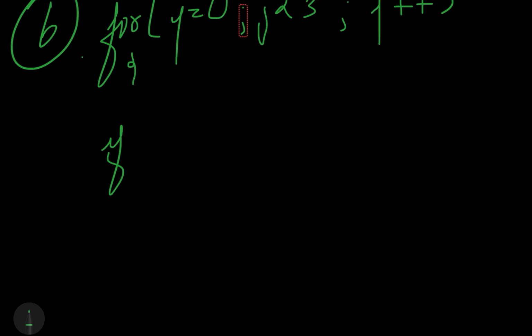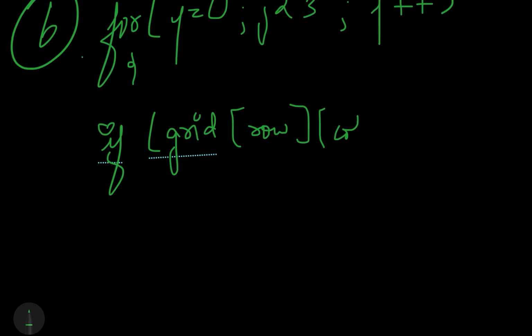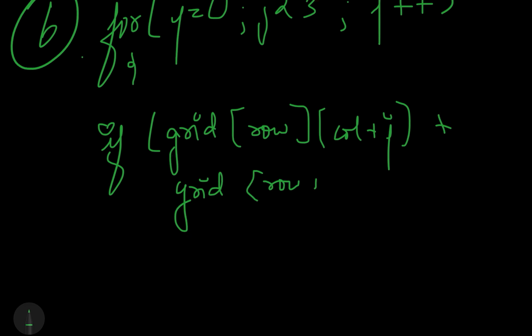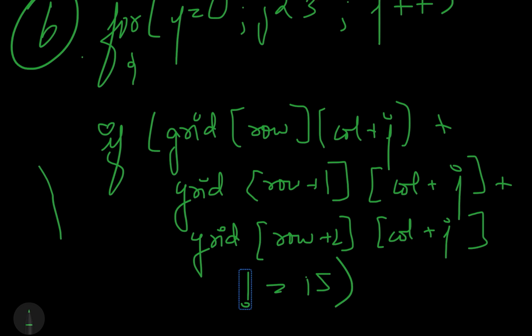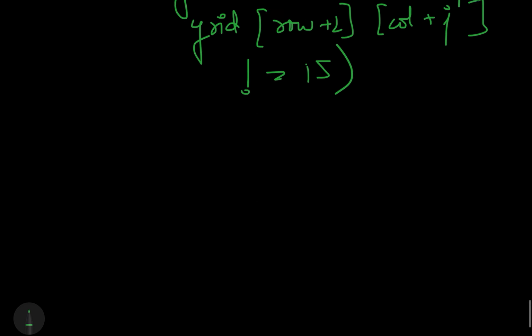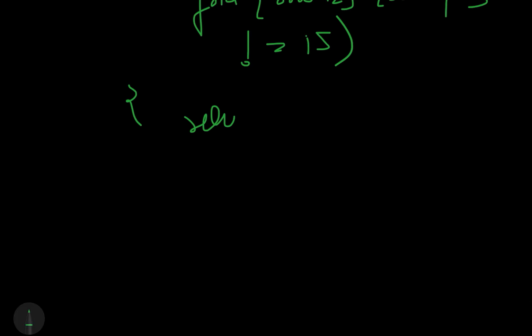and we'll not take two loops. Instead, we'll take if grid of row, column plus j plus grid of row plus 1, column plus j plus grid of row plus 2, column plus j is not equal to 15, we'll simply return false and say it is not our 3 cross 3 magic grid.